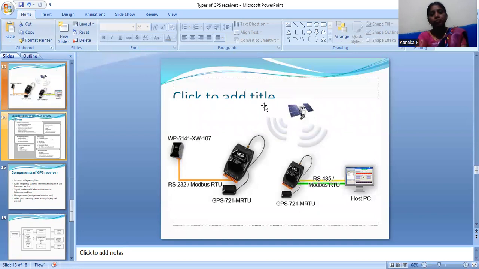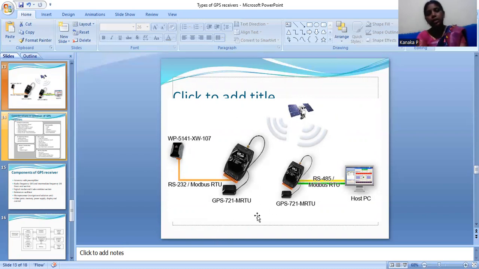So this is WP 5141 XW107. This transmits the RS232 modulus RDU, and this is transmitted to the GPS 721 MRTU. So these are the components of the receivers. The satellite sends the signals to the GPS receiver.